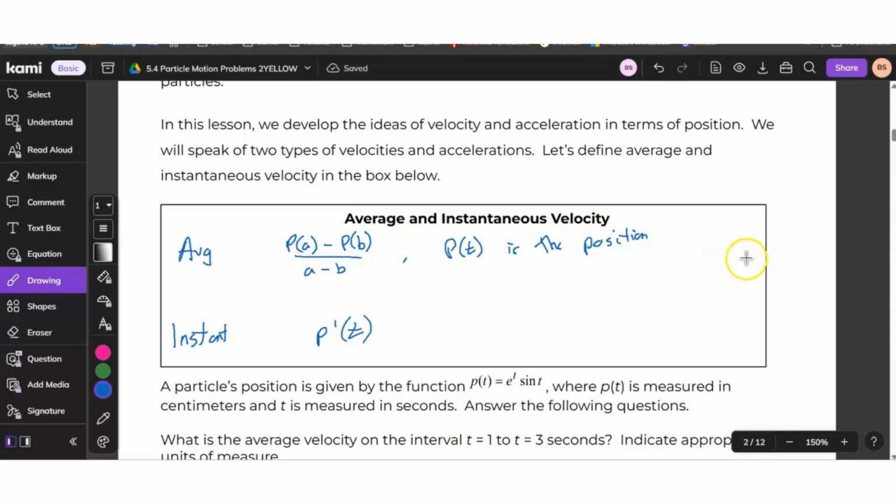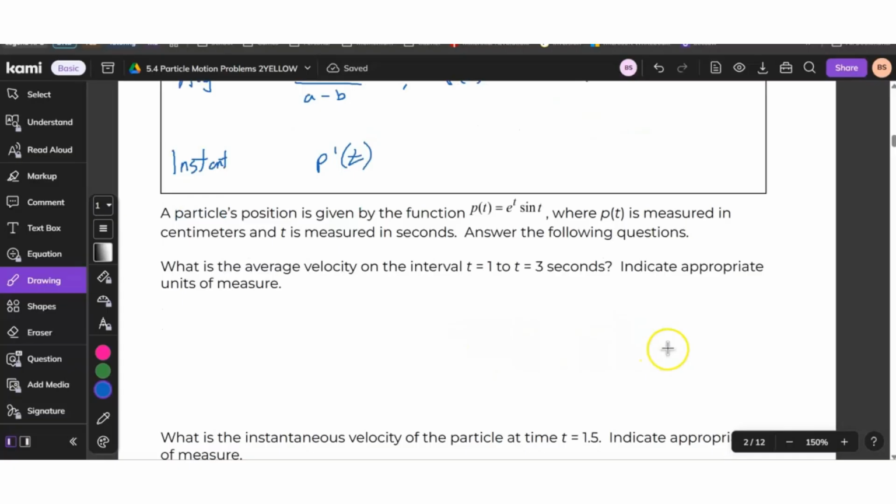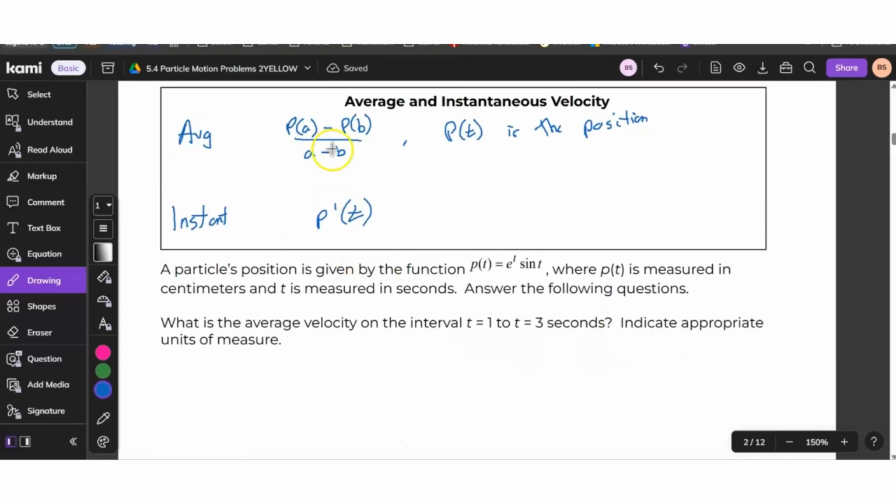So, if we have a particle's position given by a function like this one here, where P of T is measured in centimeters and T is measured in seconds, answer the following questions. What is the average velocity on the interval from 1 to 3? Well, the average was where we just literally plugged it in and kind of did a secant line. So, let's go P of 3 minus P of 1 over 3 minus 1, right?